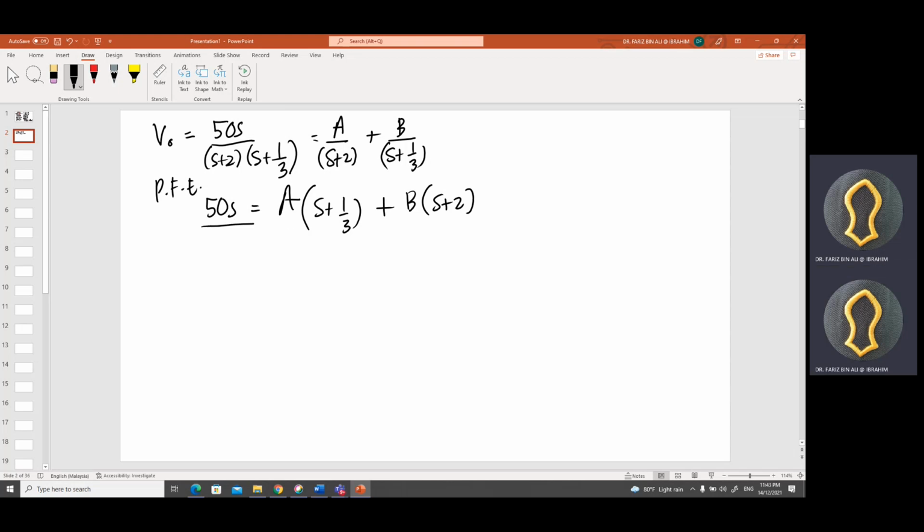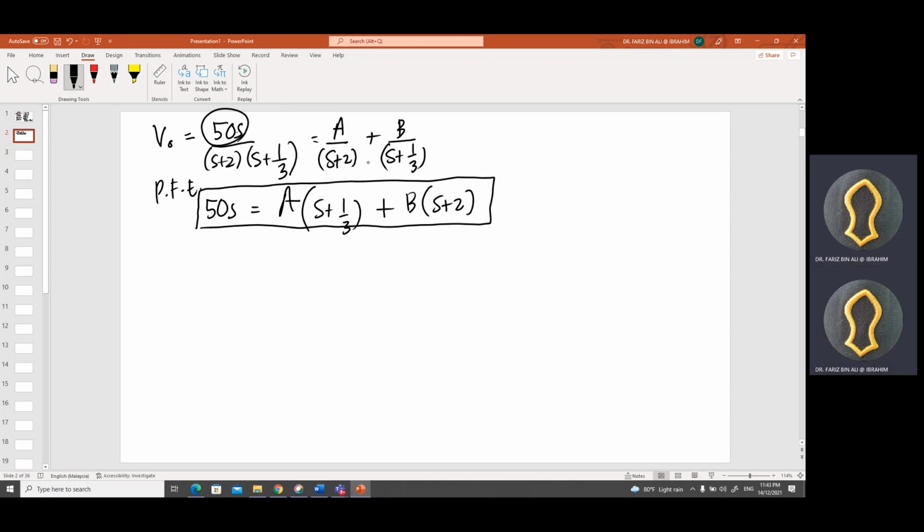Okay, so this is the upper part that we can compare, because this 50s equals A times (s plus 1 over 3) plus B in bracket (s plus 2). This is not new. This is partial fraction expansion. And then you can put in any values you want in order to get A and B. So let's say I replace s equal to minus 1 over 3.